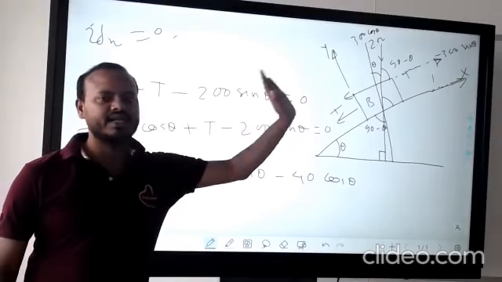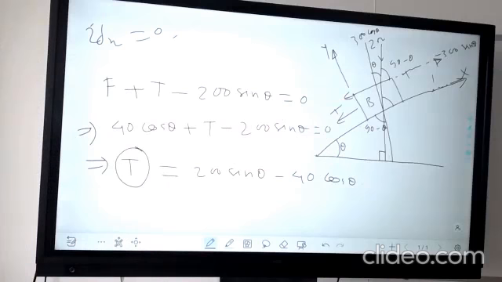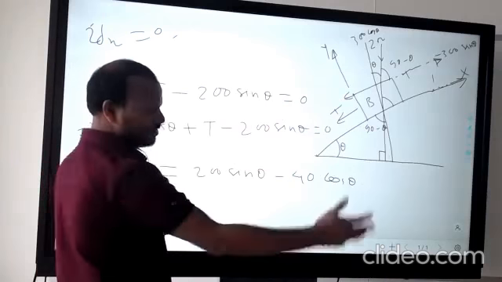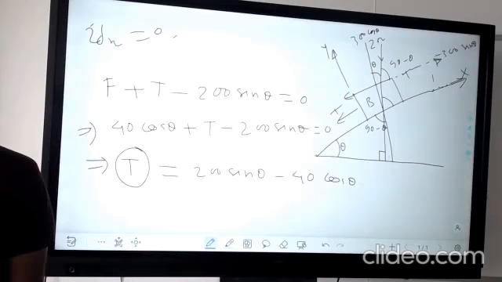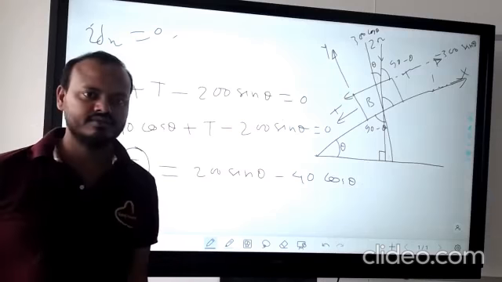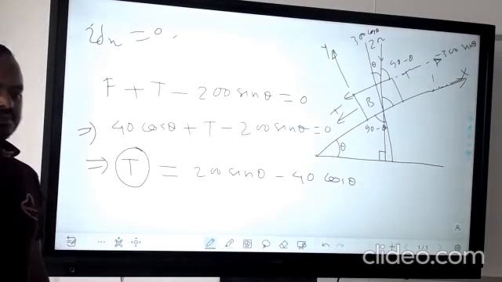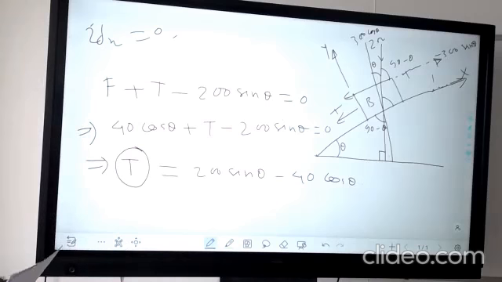Sin theta cos theta is equal to some coefficient of sin theta and cos theta. So you take sin theta on one side and cos theta on the other side. Then sin theta by cos theta will give tan theta, and the remaining value will be that. Around 108.6, that level.